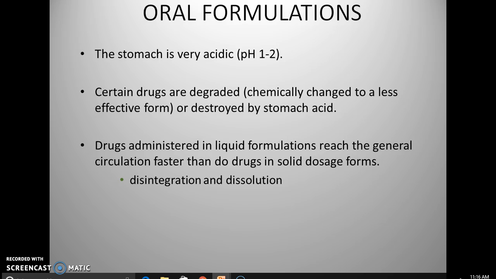And then with solid dosage forms, you also have to have dissolution. And dissolution means that a solid drug must dissolve in solution within the stomach in order for it to be effective.